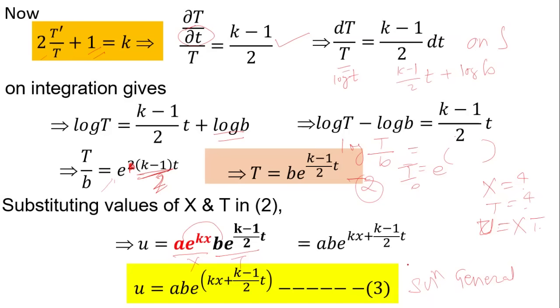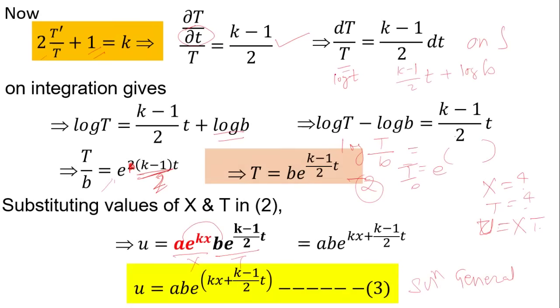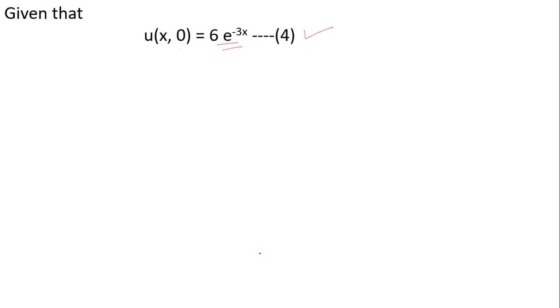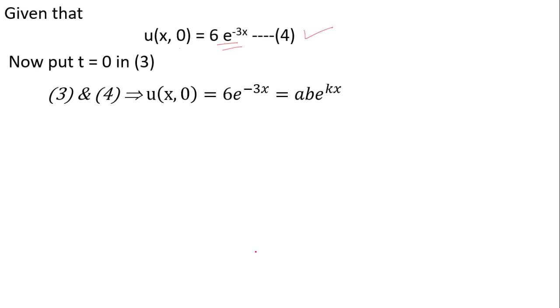Now we have to use the condition. What was that condition? u of x0 is equal to 6 into e to the power minus 3x. To apply this condition in the previous equation, what will we do? We put t equal to zero, so this becomes zero, and only e to the power kx is left. Therefore, put t equal to 0 in equation 3, so you will get u of x0 is equal to 6 into e to the power minus 3x, this is given.